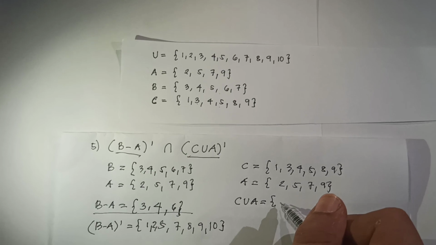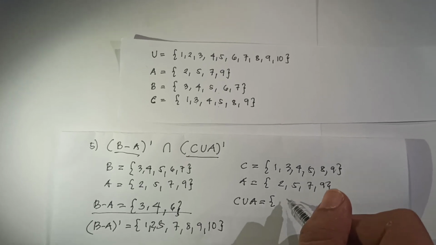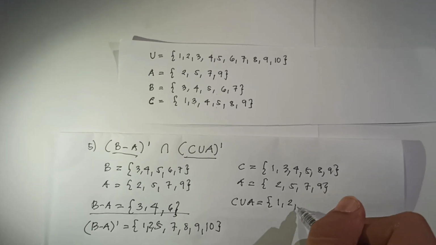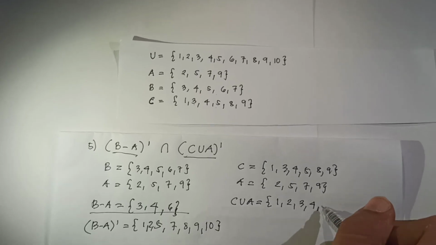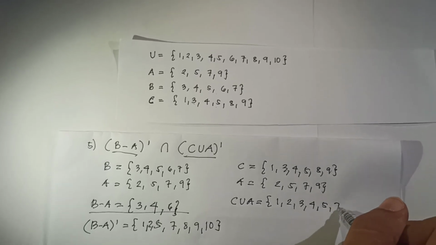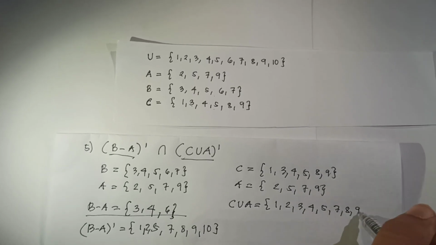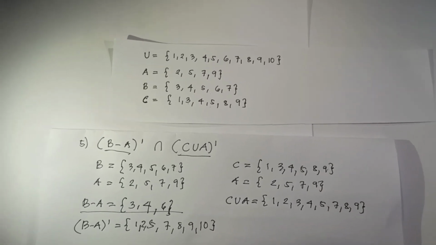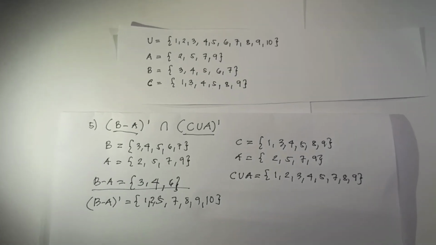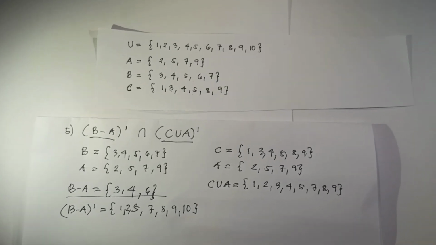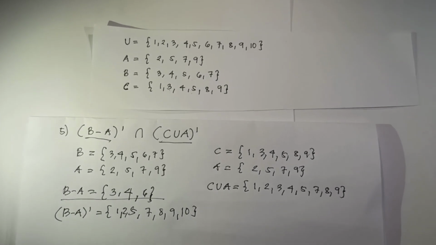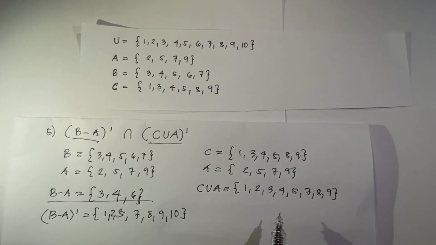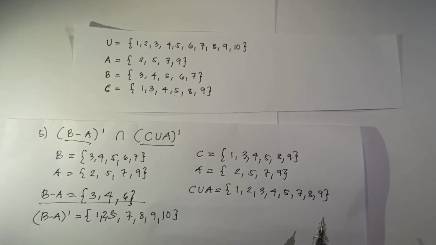Copy all elements. It must be distinct. Walang kapareho. So 1, 2, 3, 4, 5, 7, 8, and 9. So C union of A is equal to this one.